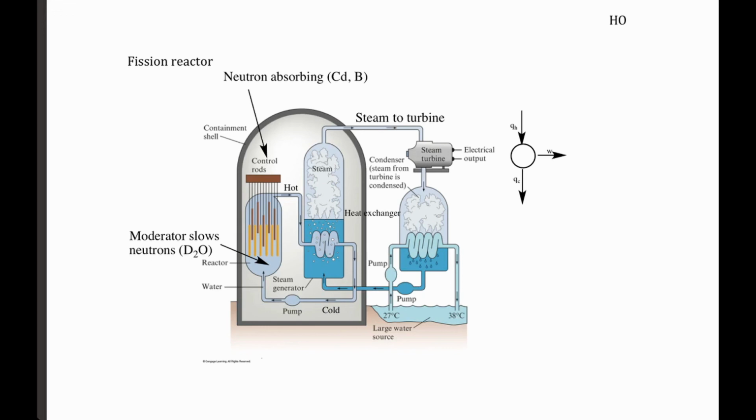It's a huge blade that is then hooked up with a magnet, and we have a magnet that can be converted as it accelerates into electrical energy, and that's how we get electrical energy out of the process.